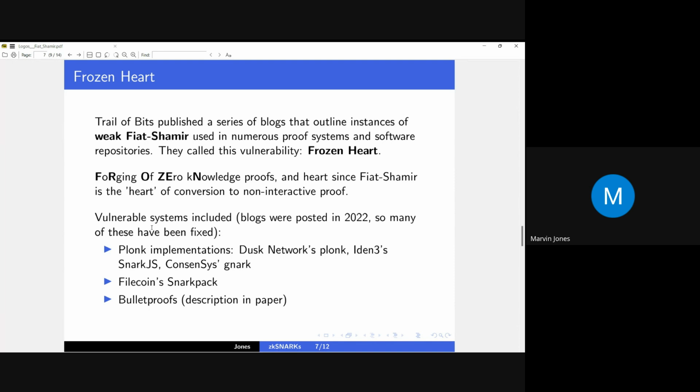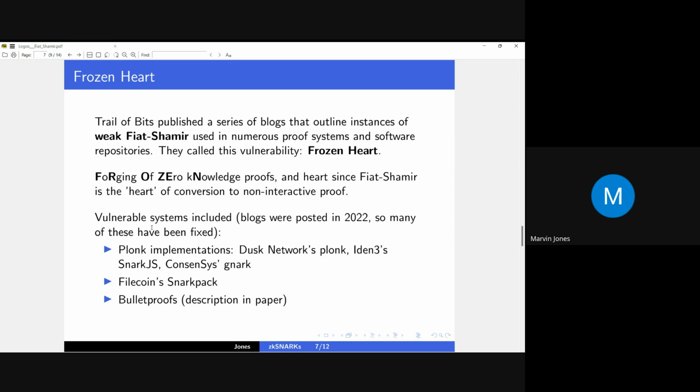So you'd have a very short section of two sentences, where it would just say, we can make the protocol above non-interactive using Fiat-Shamir, and that would be it. But no explanation about, hey, make sure you use your public parameters so that this is secure. But because of that, you could forge false proofs because of weak Fiat-Shamir.